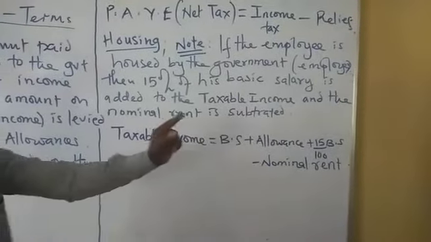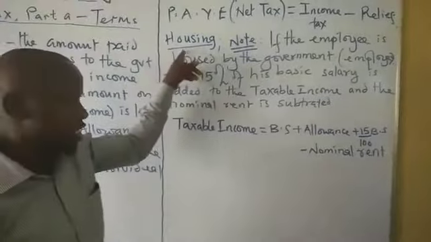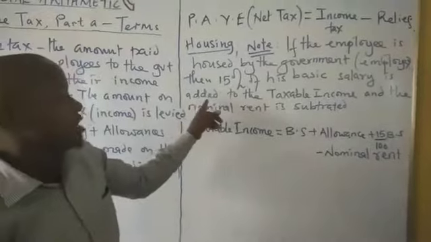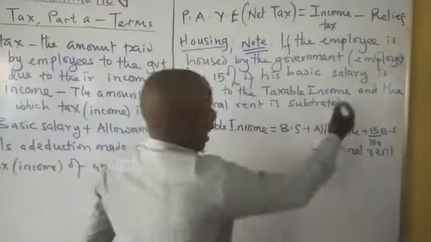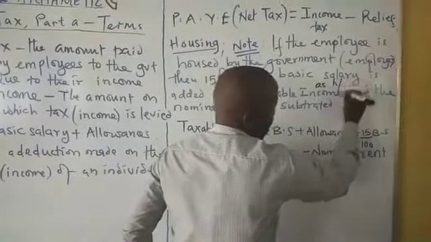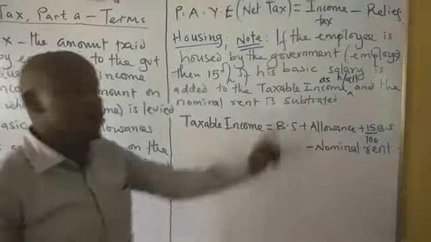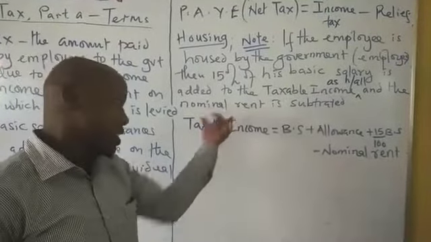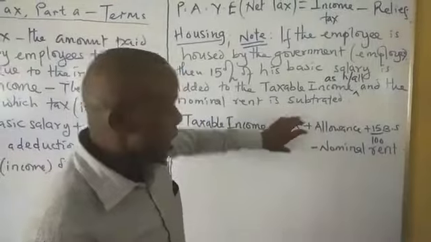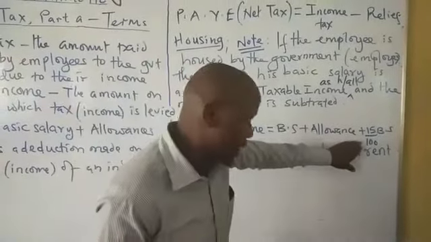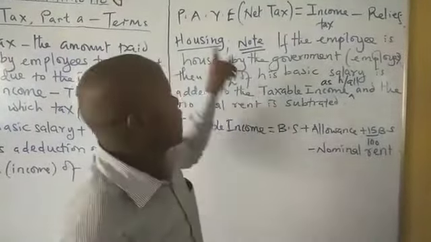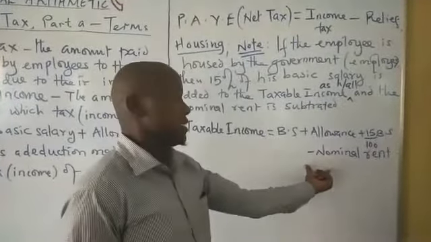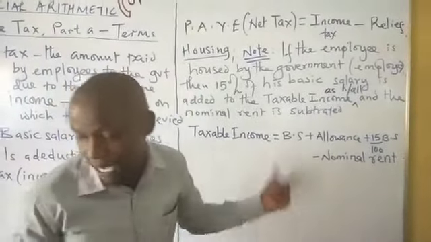Therefore, taxable income is equal to basic salary plus all allowances, and the house allowance for that person is 15% of the basic salary, then minus nominal rent if he pays any.